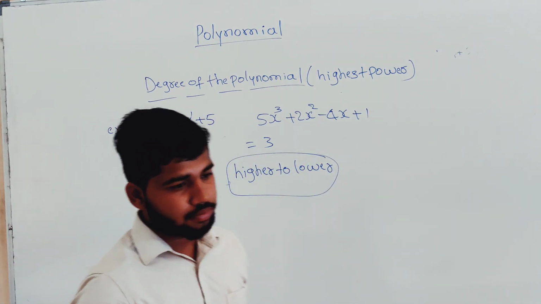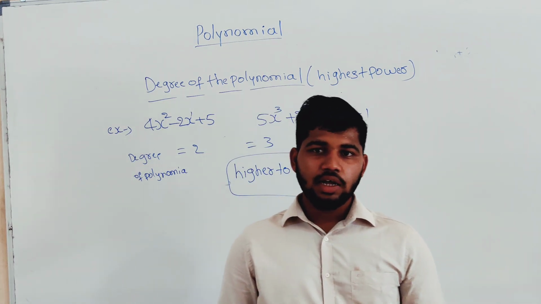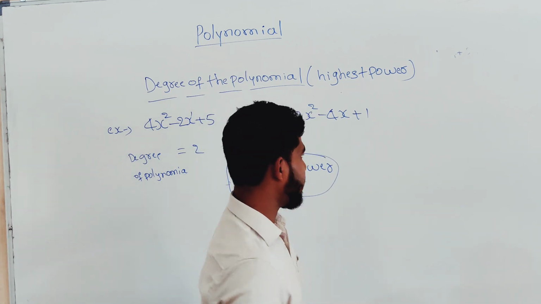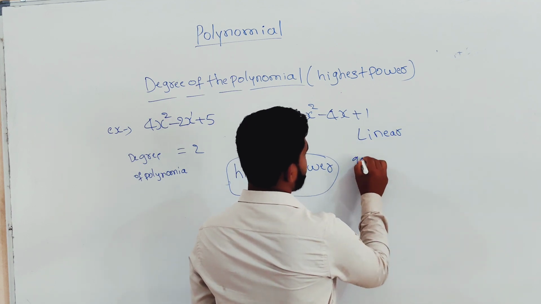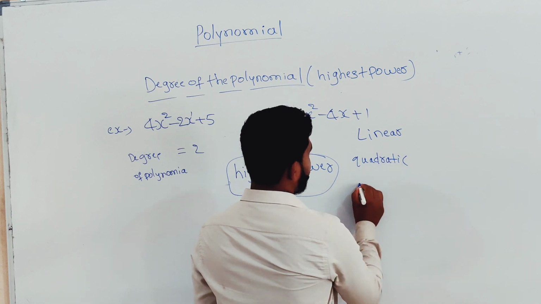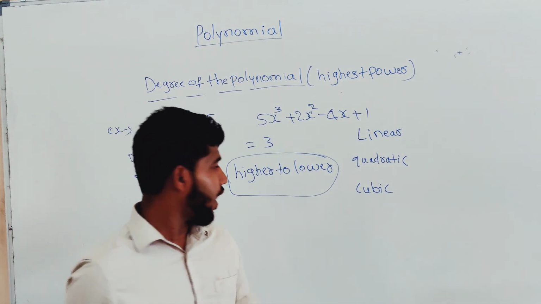Now we are moving to the types of polynomials by degree: linear, quadratic and cubic.